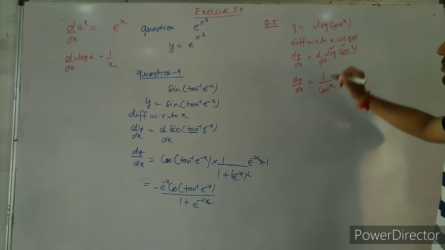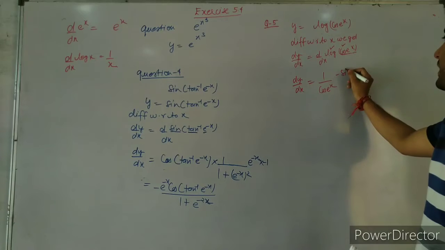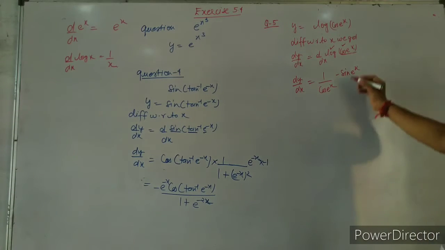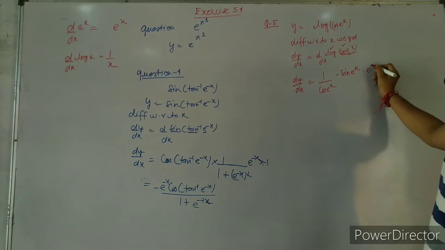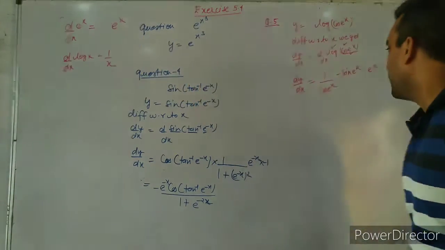Now I will come to cos. The differential of cos x is minus sin x, and here at the place of x we are having e to the power x. So the differential of cos e to the power x will give me minus sin e to the power x. Now again we will differentiate e to the power x, which will give me e to the power x, because the differential of e to the power x is e to the power x.